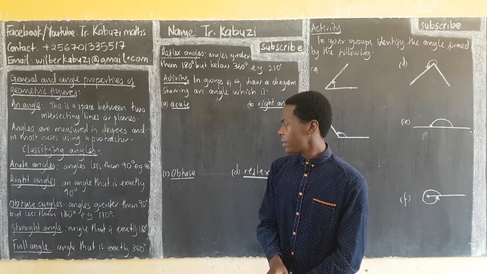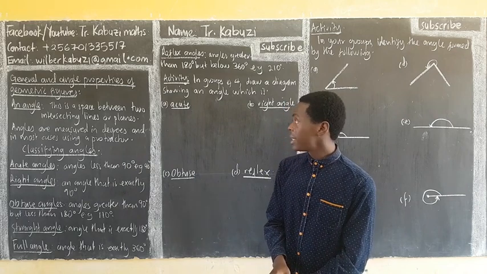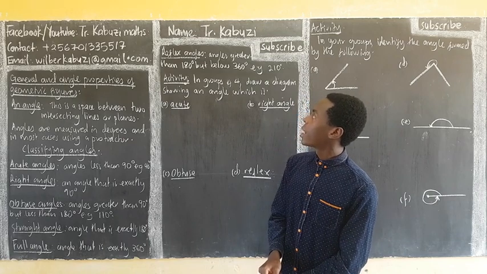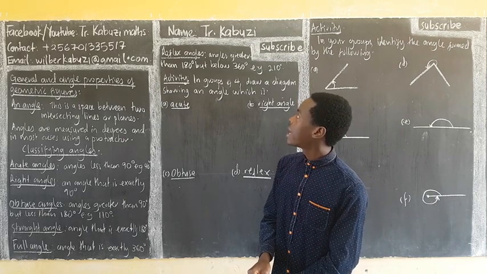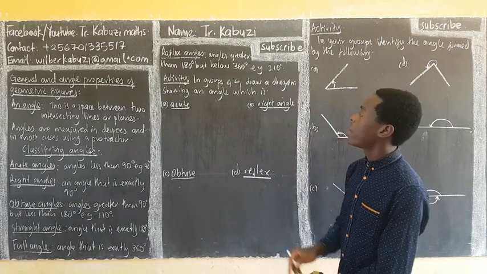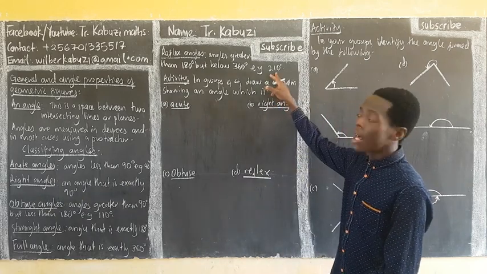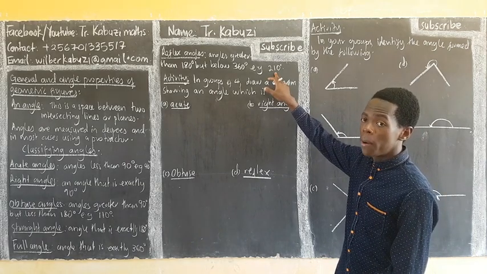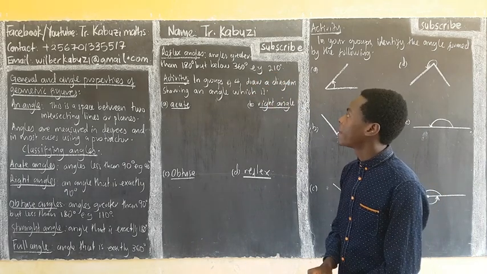Then a full angle is exactly 360 degrees. Reflex angles are angles greater than 180 but less than 360 degrees. You see, it's greater than 180 but below 360.